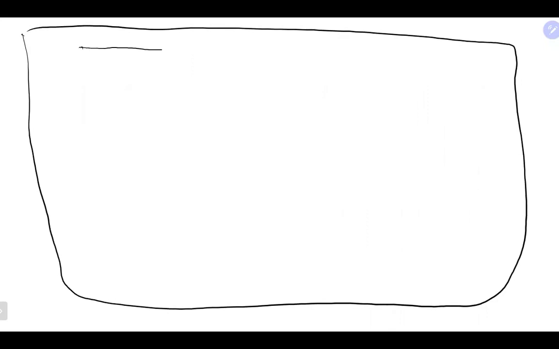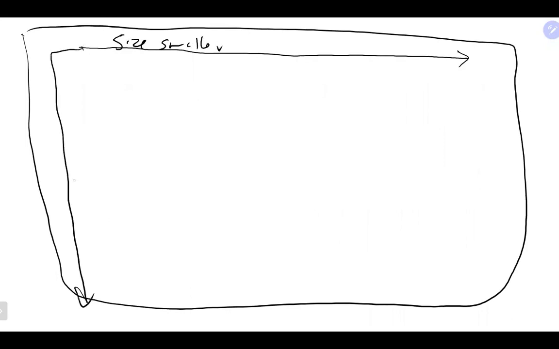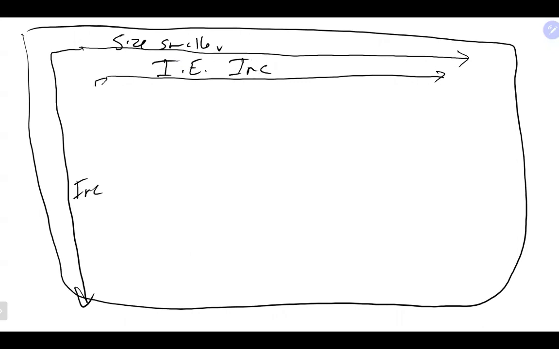As we go basically up and to the right, the size gets smaller and gets larger or increases as we go down. As we go up and to the right, the ionization energy, which is the energy to remove an electron, increases. And as we come down, it decreases.